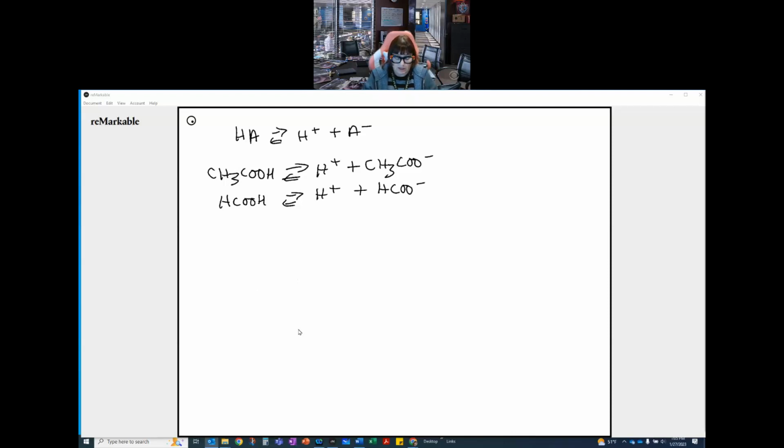It doesn't matter, okay? The only thing I do know, based on the way that I've drawn those arrows, is that this is a weak acid, okay? So HF would work. And that would give me H plus F minus. However, there is a difference.